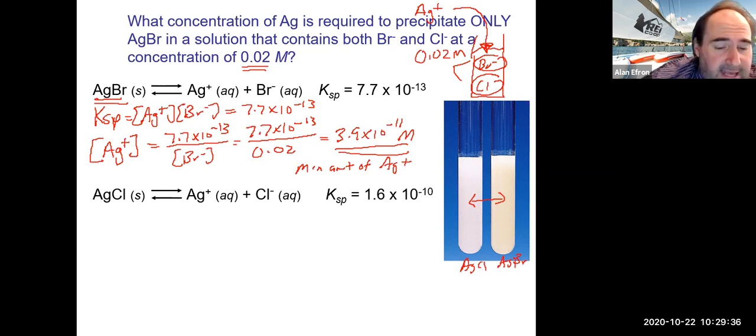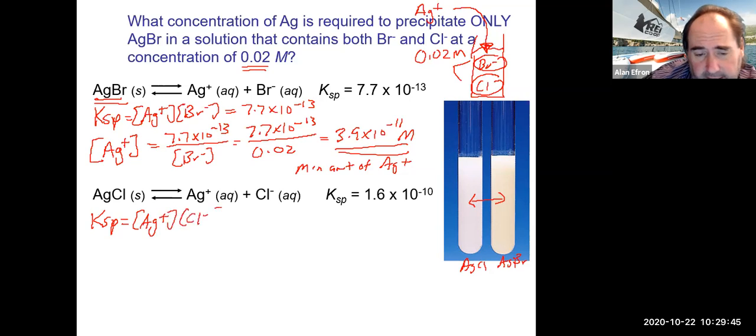Now we could do the exact same calculation for our silver chloride. Again, our silver times our chloride equals 1.6 times 10 to the minus 10.